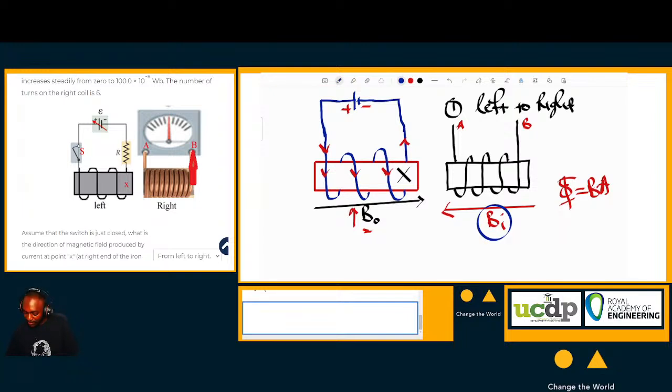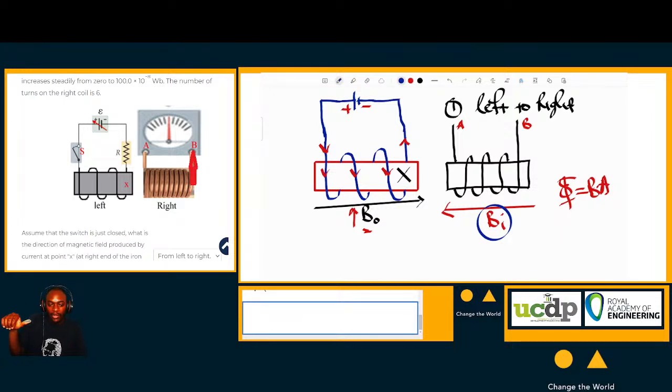Again, you can use your right hand grip rule. Okay, so how do you grip? You grip in such a way that your thumb is pointing in the direction of the magnetic field, which is to the left, because we said from right to left.